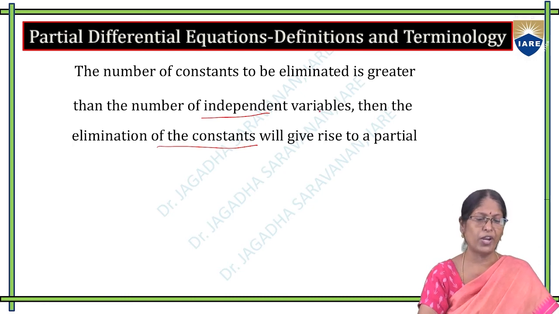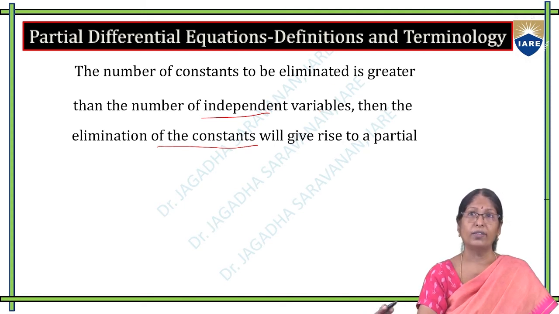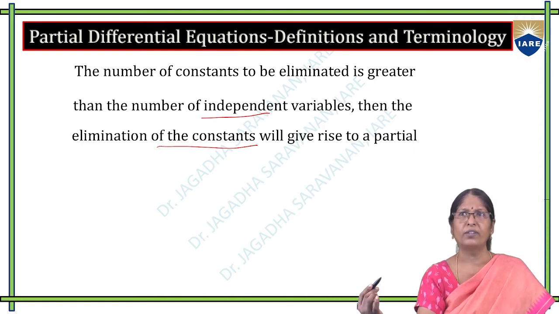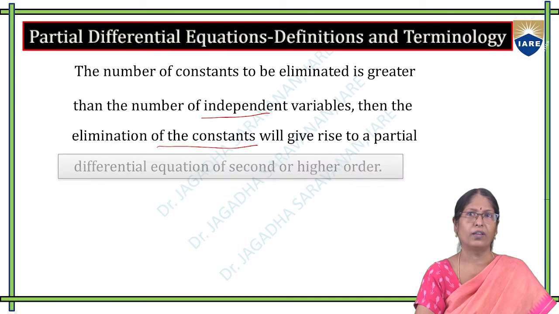Suppose the constants to be eliminated are more than the independent variables. Then compulsorily there is a chance to go to second order. There is a beautiful terminology connected to our subject, the formation of PDE.